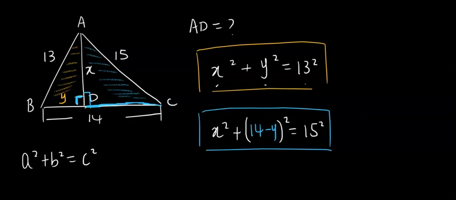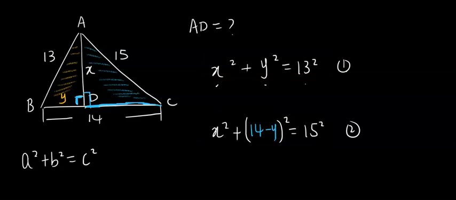Now, we have two variables here. We have x and y in the first equation and the second equation, but don't worry, we can solve it. Remember back in Algebra 1, you learned how to solve a system of linear equations. I'm going to call this equation 1, equation 2. When you solve a system of linear equations, you use graphing, substitution, or multiplying first and add and subtract.